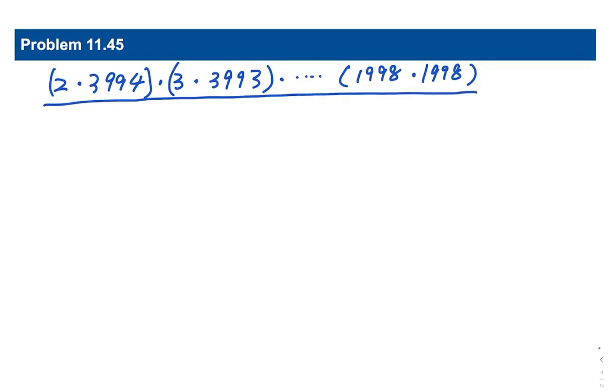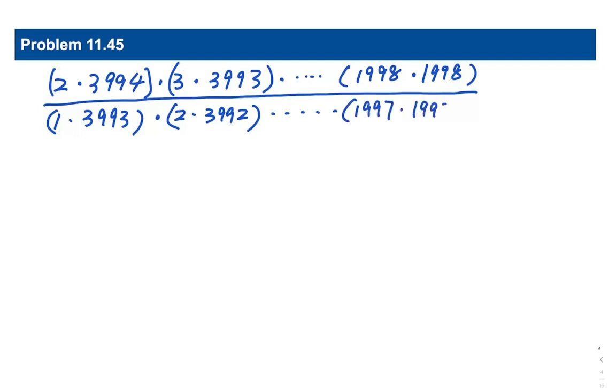The first term is 1 times 3993. The second factor gives us 2 times 3992. The last term gave us 1997 times 1997. So many terms will be cancelled.